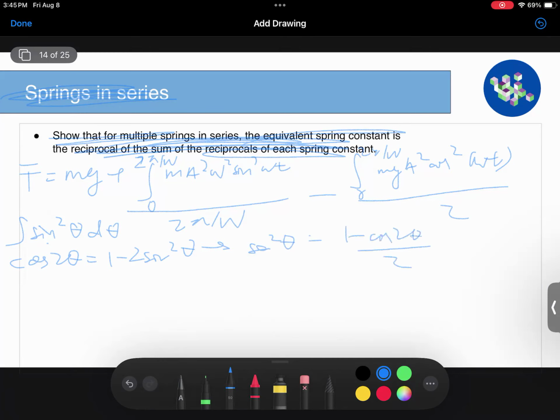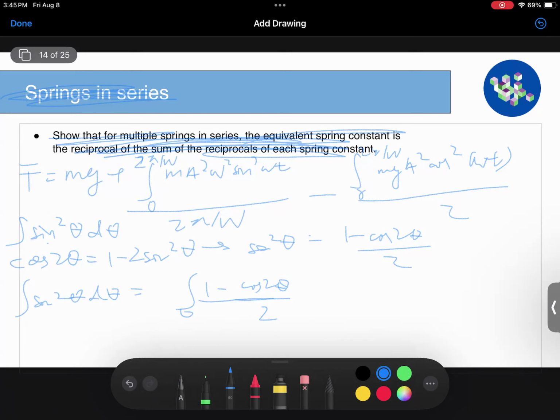So the integral of sine squared theta d theta equals the integral of 1 minus cosine 2 theta over 2.